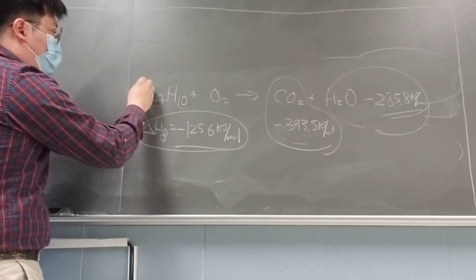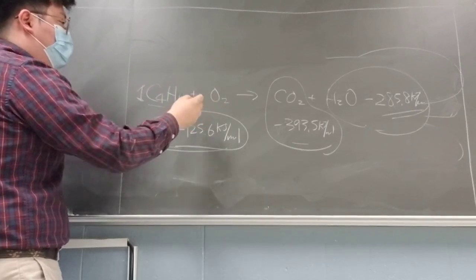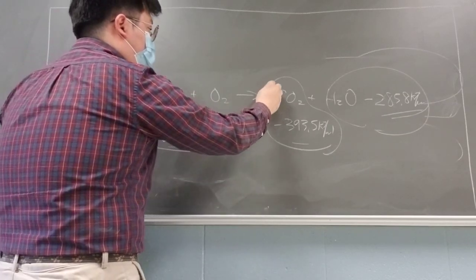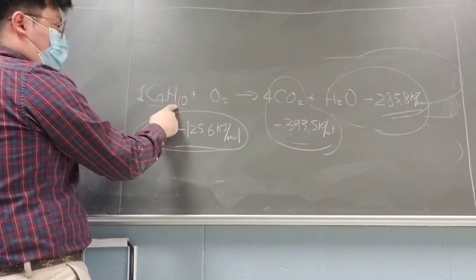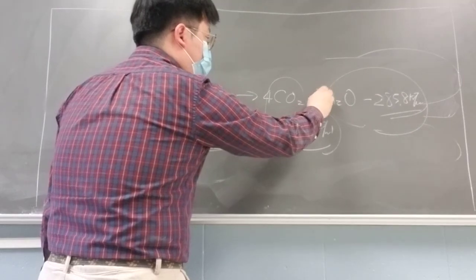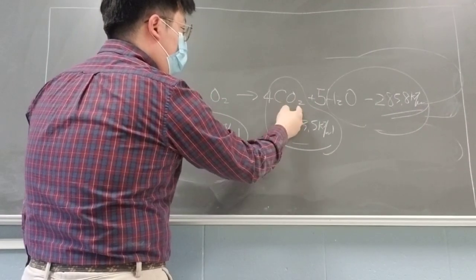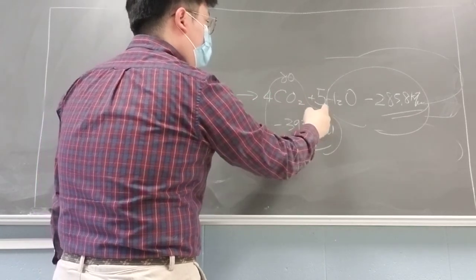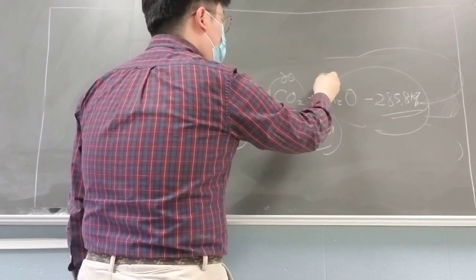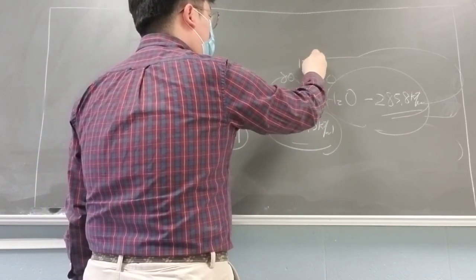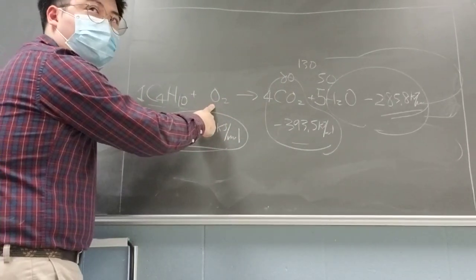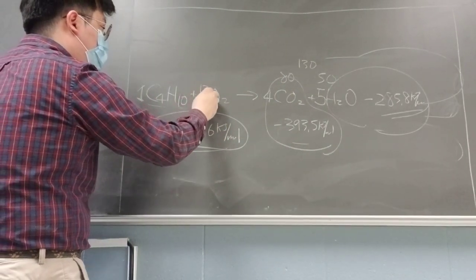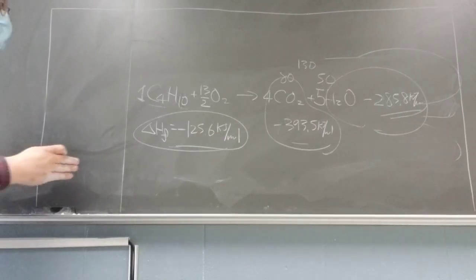So I'm going to put 1 over here, and 4 over here. But it's 10, so I'm going to put 5. The problem is if you do it this way, 4 times 2 is 8, and 5, so in total you have 13. But this has to be in a diatomic molecule, so you can do this one.